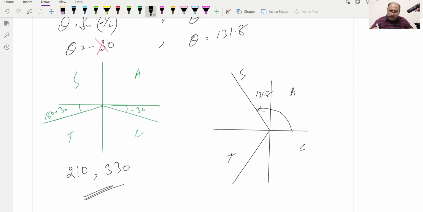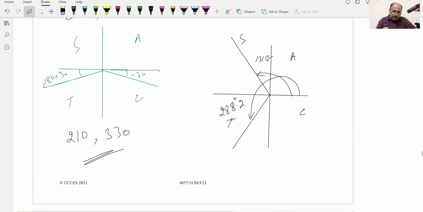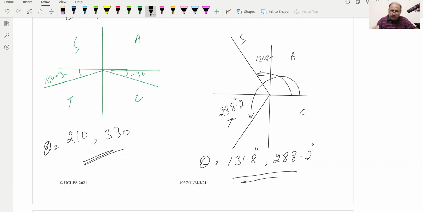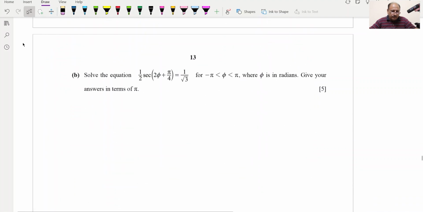So this complete angle we will be taking, which will be 288.2, and these two angles also we can take. So theta will be equal to 131.8 degrees and 288.2 degrees. So these will be the four angles which we can take. In this case, other values will be out of range.